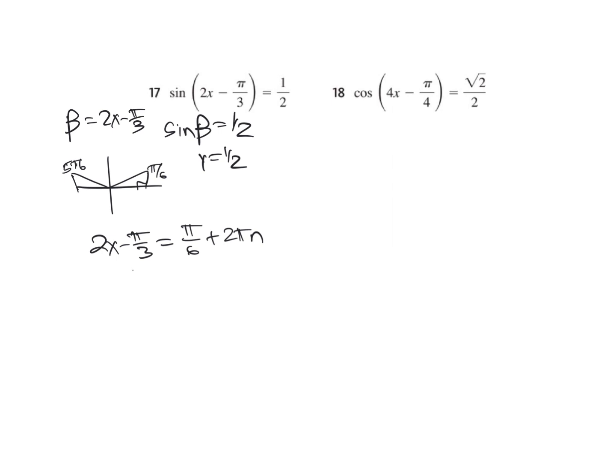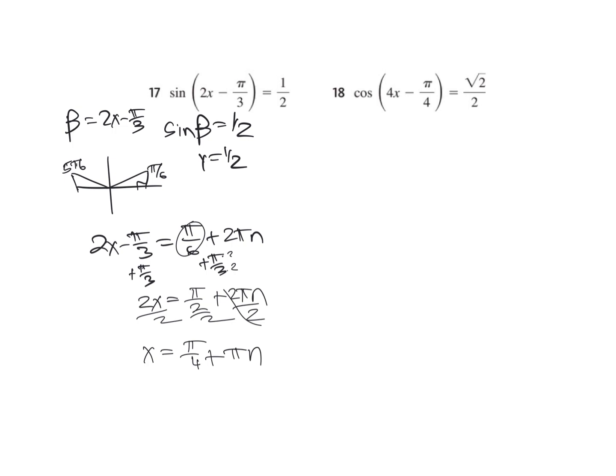Okay, so let's add pi over 3 to this side. And we get 2x equals, got to get a common denominator, multiply by 2. So pi over 6 plus 2 pi over 6 is 3 pi over 6, or pi over 2. And now we have to divide everything by 2, which is really multiplying by 1/2. So that's pi over 4 plus, in this case, pi n.